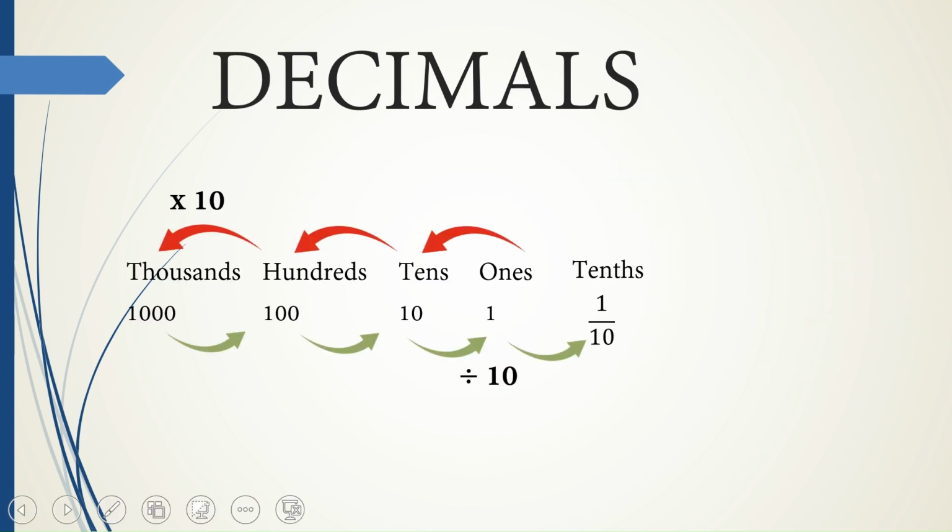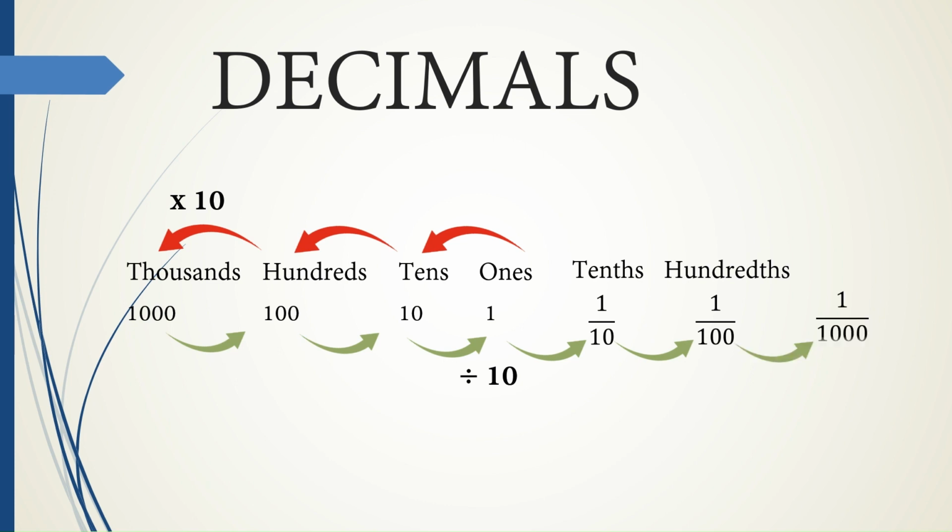Now we'll see what will happen if we still move towards the right in the place value chart. If we move further, 1 upon 10 divided by 10 again gives 1 upon 100. So this is called the hundredths place. Still if we move towards the right, again divide by 10 and that makes 1 upon 1000, which is the thousandths place.